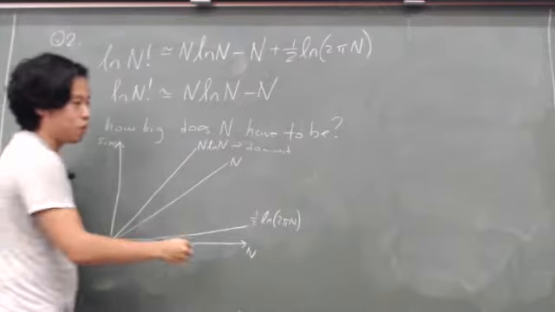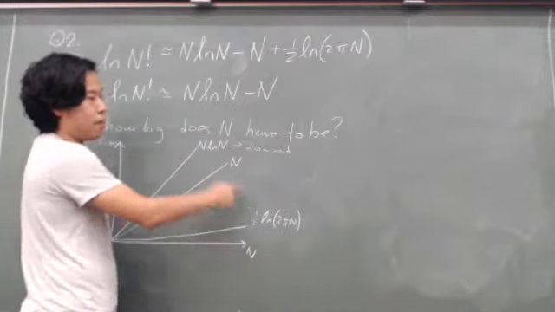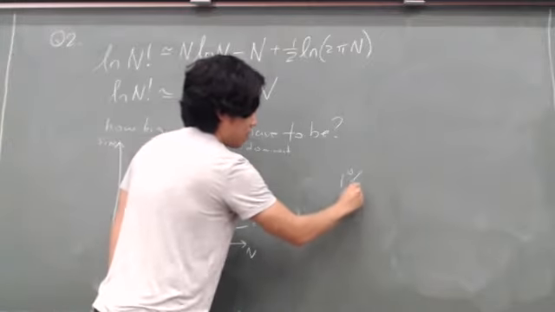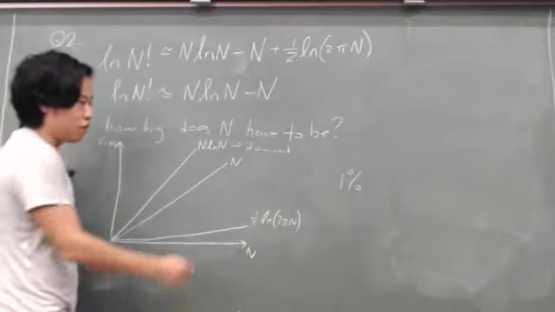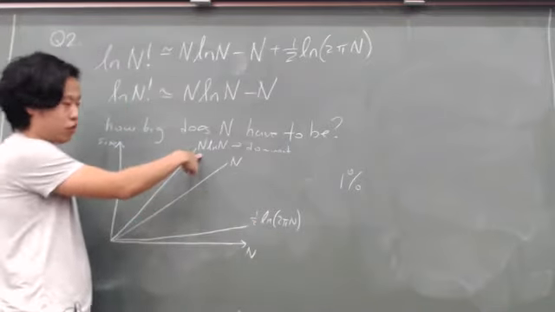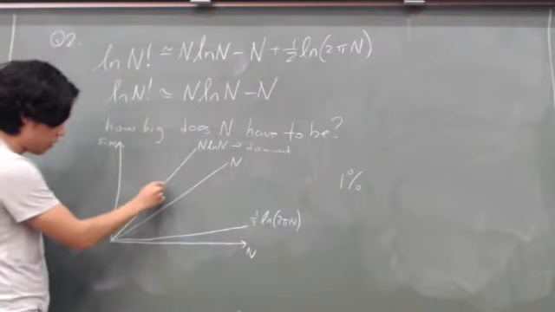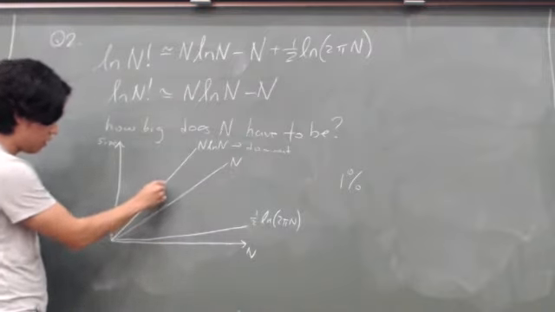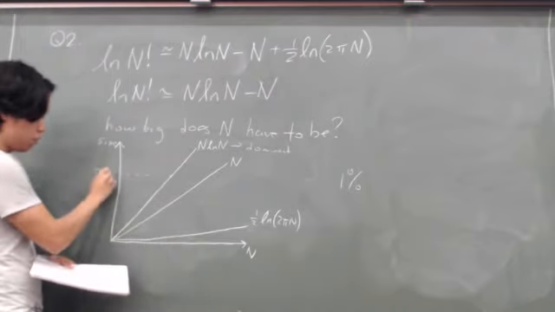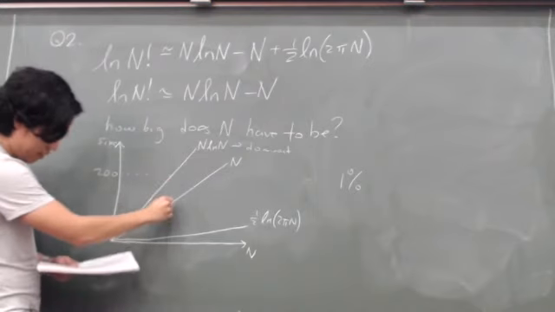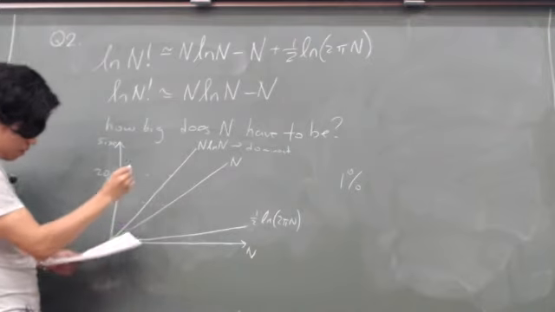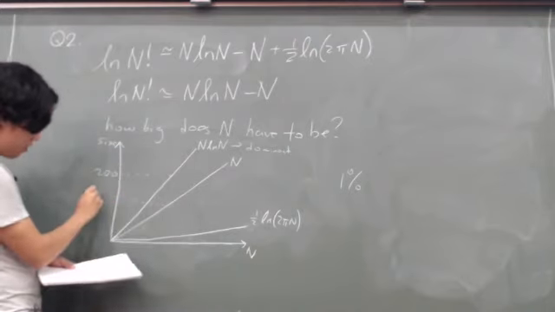The question is always going to be, how small does this have to be compared to something else before we can start ignoring it? So let's just say a 1% threshold. So if half log of 2 pi n is 1% of n log n, then we start ignoring it. Then you could run into the issue where, say, somewhere around here, where n log n is equal to 200, your n is about 100-ish.